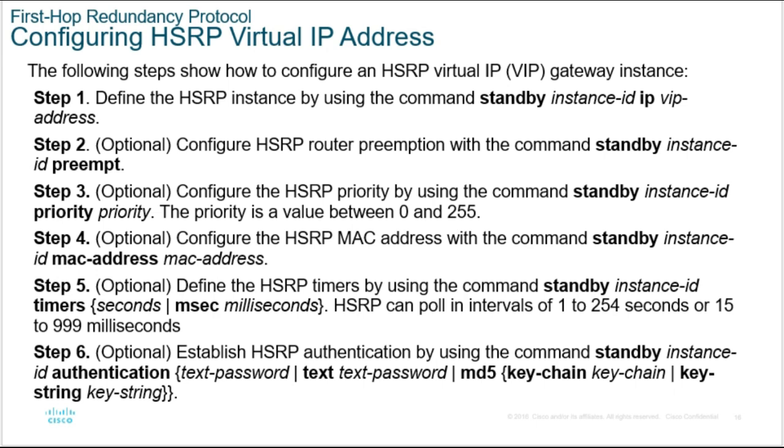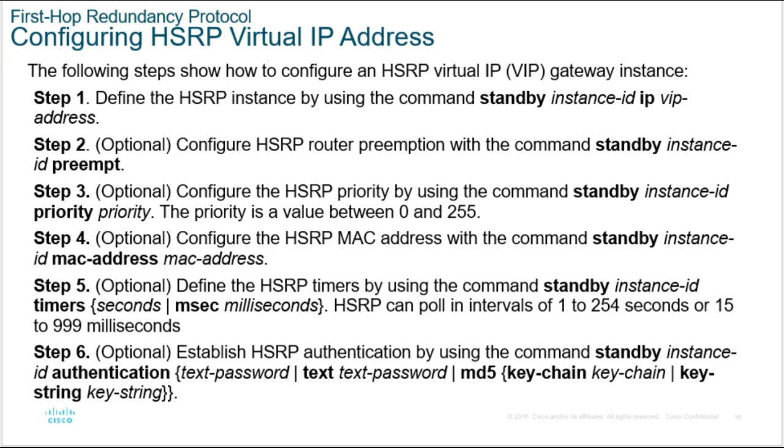Next, you can also modify the timers. So the timers are for the hello timers and also the hold timers. Like I said, it depends on which version that you configure. HSRP version 1 only supports timers in values of seconds. On the other hand, for HSRP version 2, you can modify the timers into the range of milliseconds.